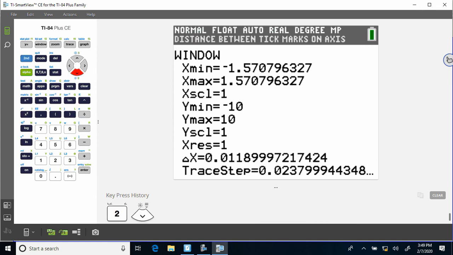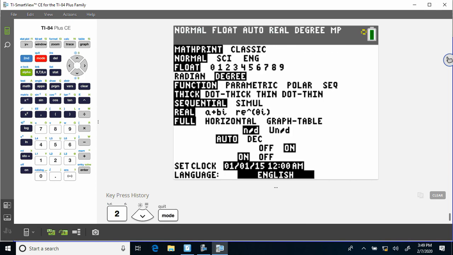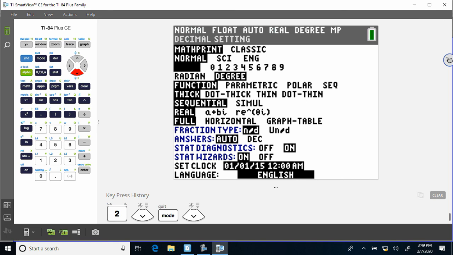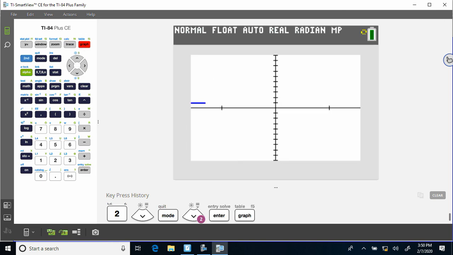And the only other thing you'd have to know is that to graph sines, cosines, tangents, any of your trig functions, you have to be in radians. So you'd go to your mode, make sure your calculator is in radians, and then you'd just graph. And it will draw you the picture, and you say, which picture is it? And you match it. And it would have been the letter H on there.